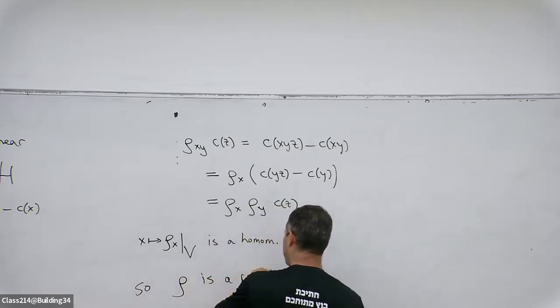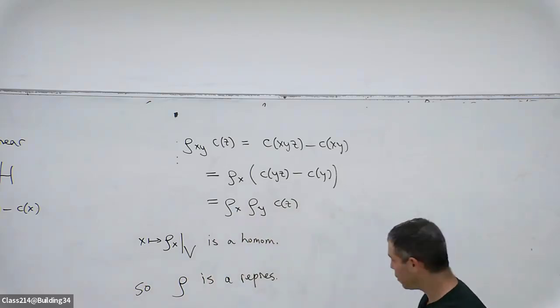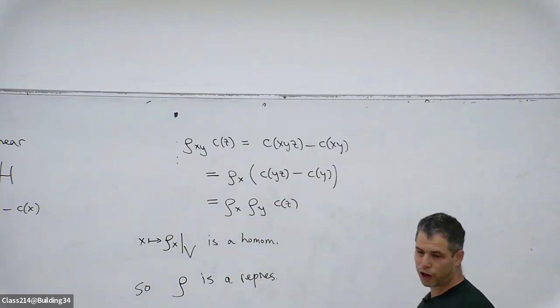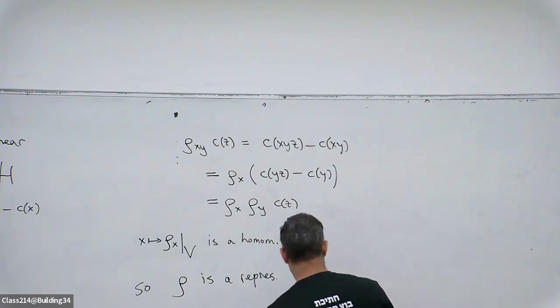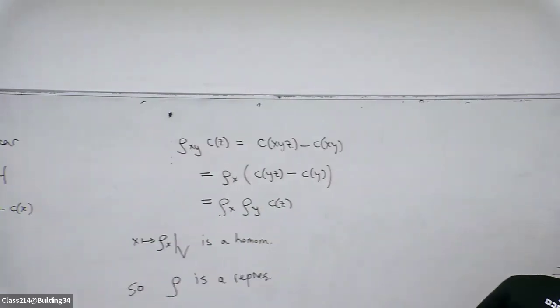I'm not doing all the details, but you can take it from here. It's very easy to see that. Just as functions, rho xy becomes rho x composed with rho y. Good. So it is a representation.